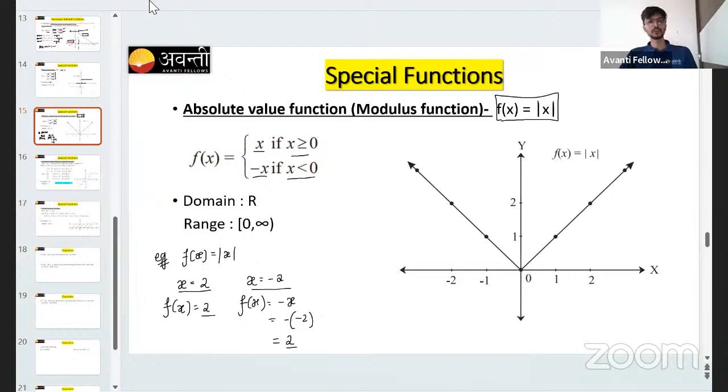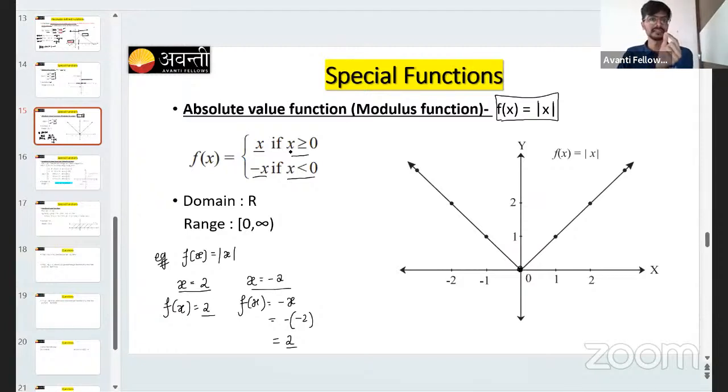By plotting this, we can plot the graph of the modulus function. It looks like a V, where the intersection is at the origin. It looks like the graph V. V means modulus function. I hope it is clear. Now let's talk about the domain. Domain again is the values of input, the values of x.